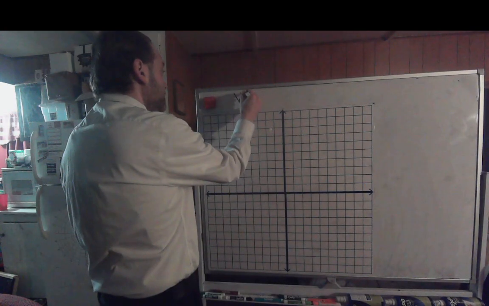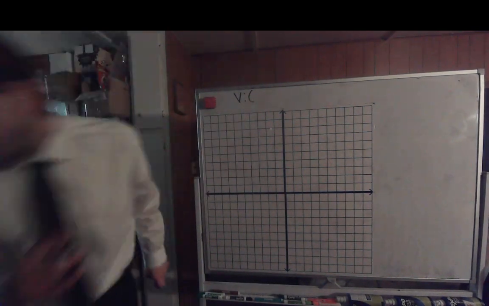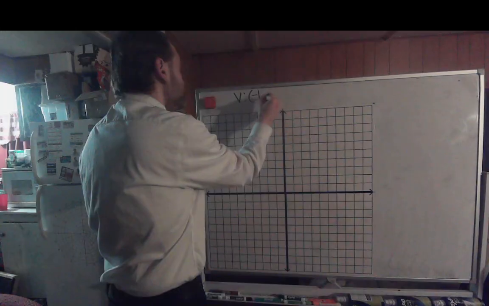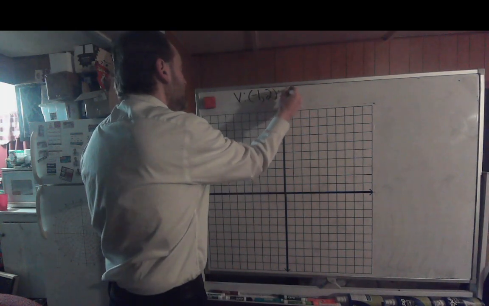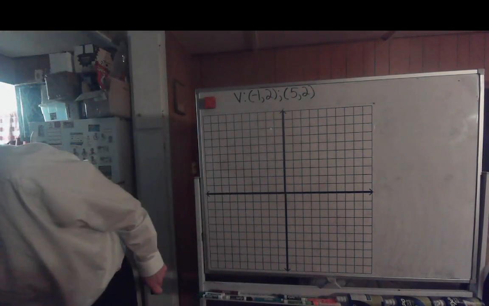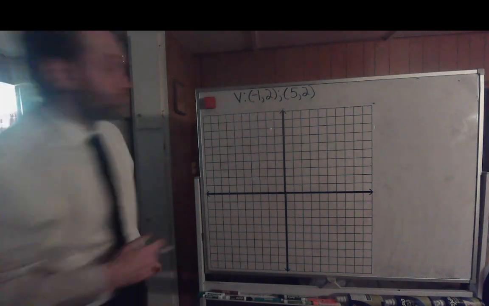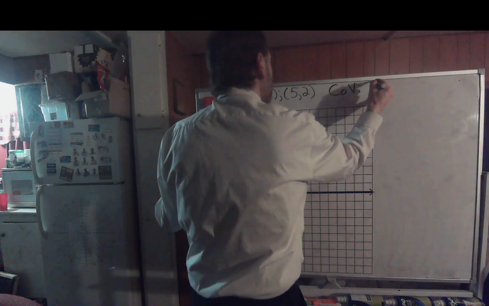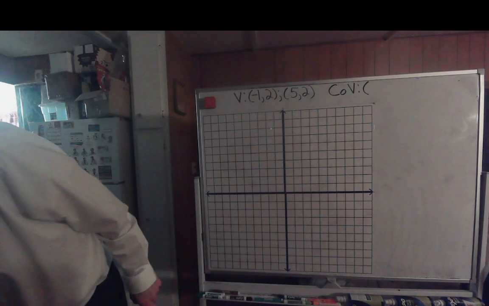So we have vertices at the points (-1, 2), as well as (5, 2). Then we have co-vertices that can be found at (2, 0), (2, 4).